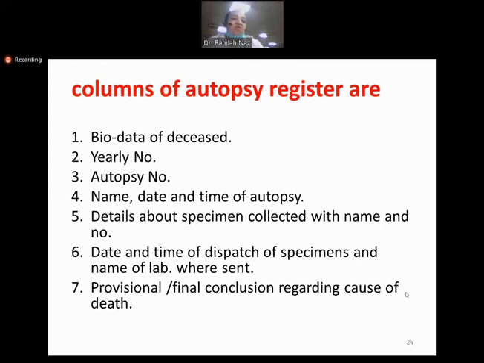We will mention the lab where we are sending it, the chemical examiner lab. In my system, we have the chemical examiner lab at the civil hospital, so we send it there. Then the provisional or final conclusion regarding the cause of death is written on that particular register.